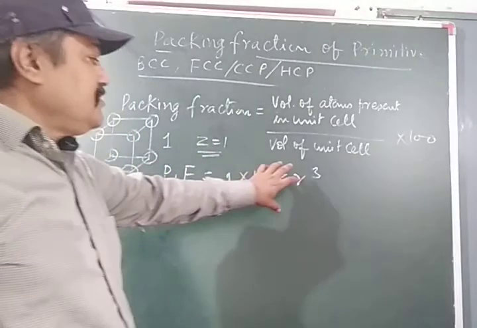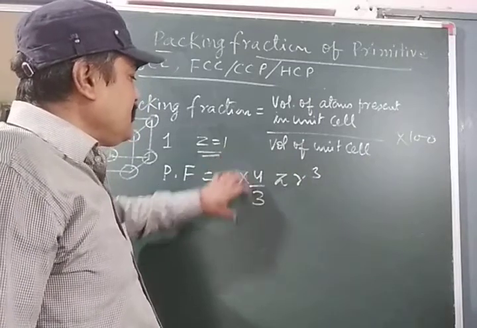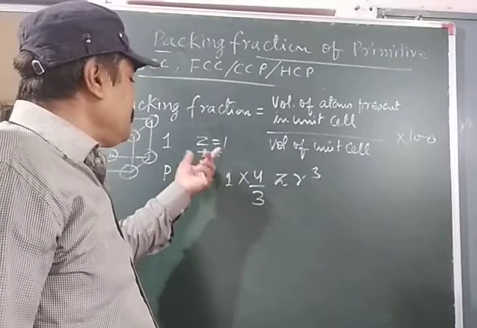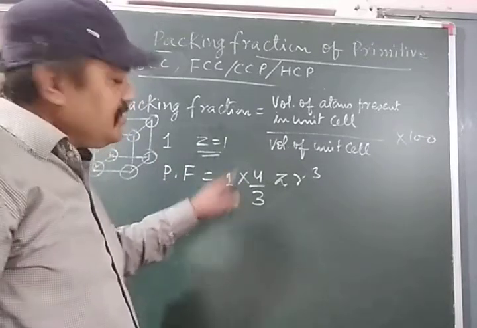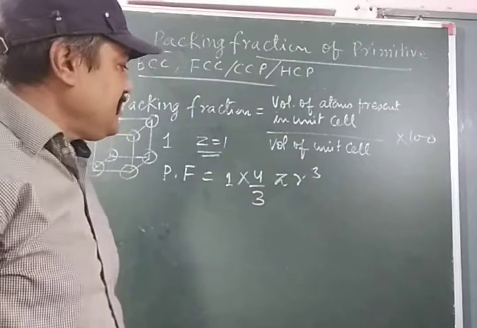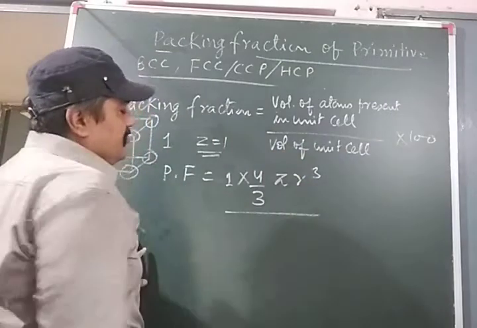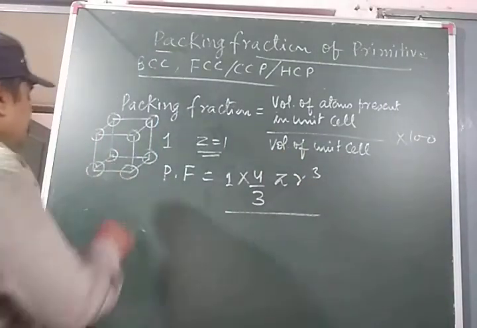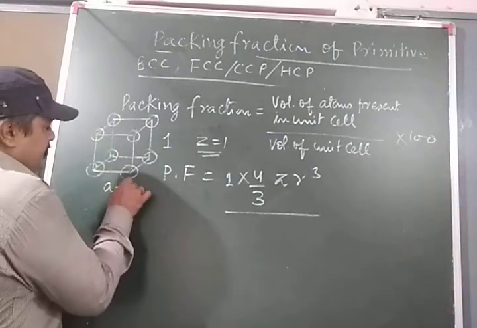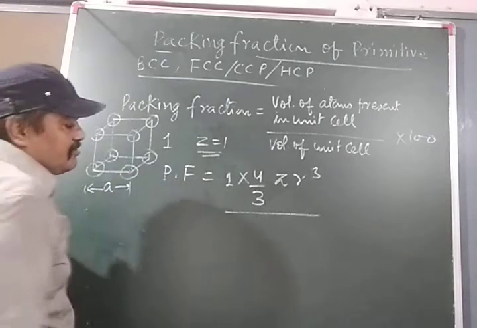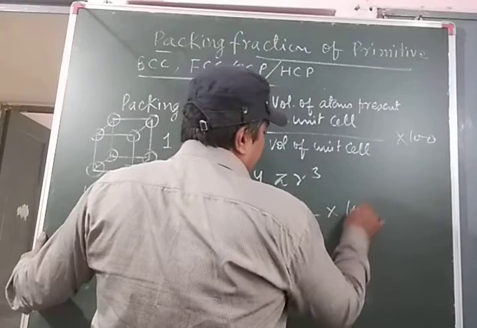Because this is the volume of one atom, and it is multiplied by the total number of atoms in this unit cell, which is 1. Clear? And this will be divided by the volume of the unit cell, and let the length of the edge of the unit cell be A. So the volume of the unit cell will be A cube, and this will be multiplied by 100.